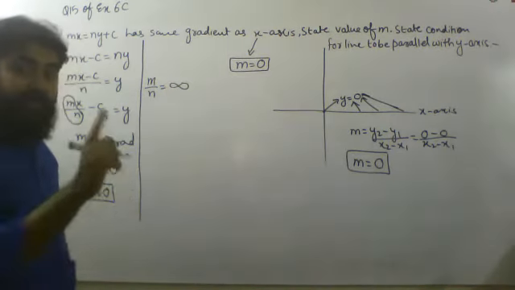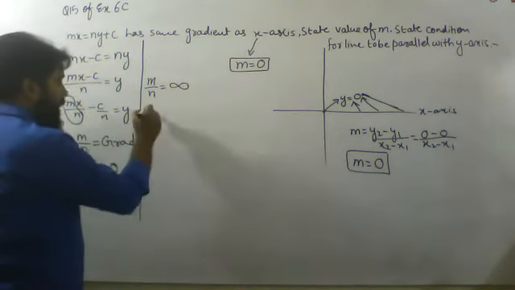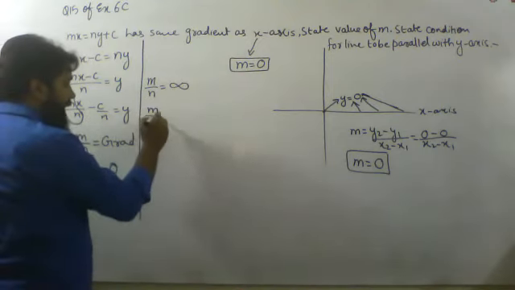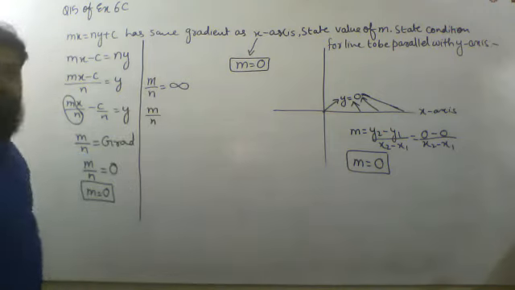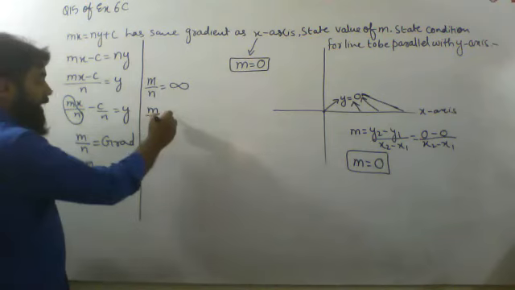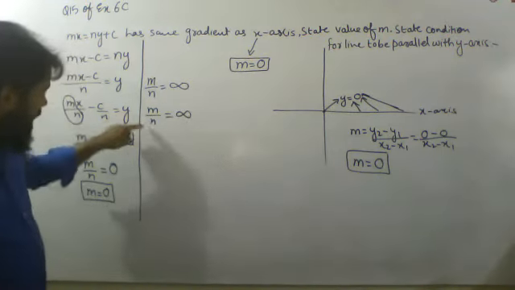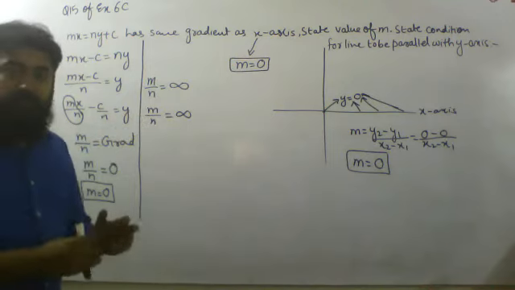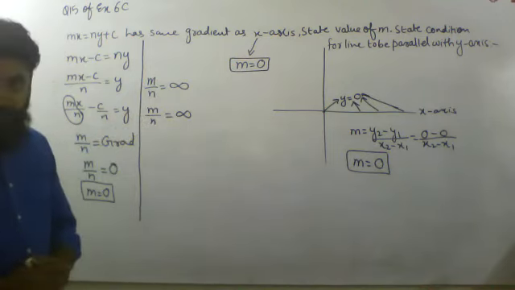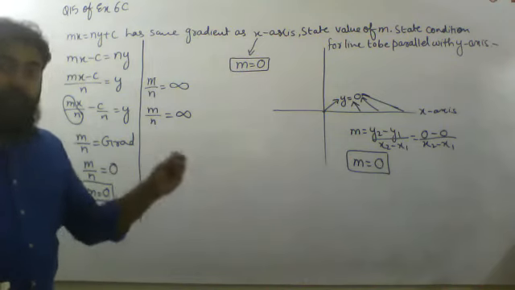For the y-axis, the gradient is always undefined. So, how can you write it as undefined over here? How can this thing become undefined? When your m is divided by any number which can make this whole thing undefined, then you will say, okay, they are parallel.